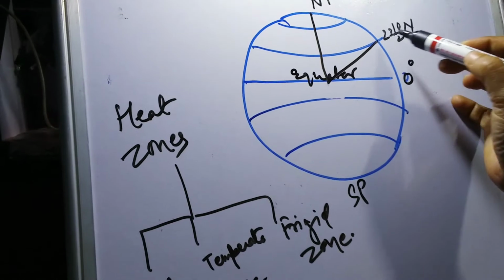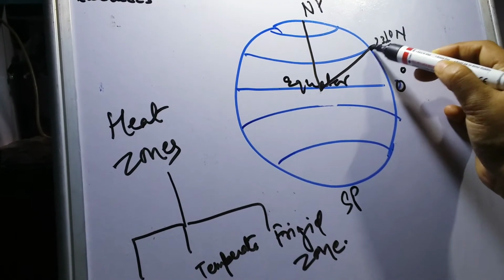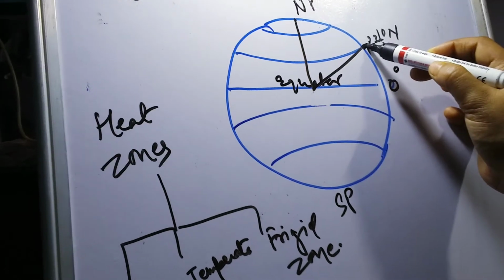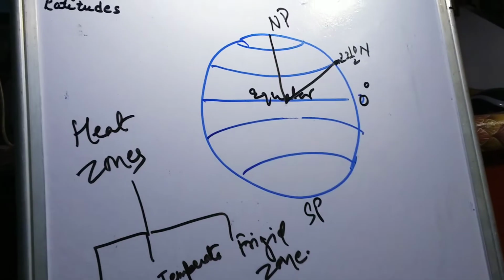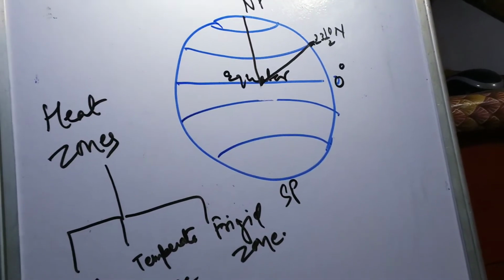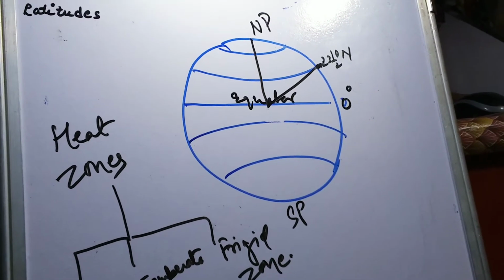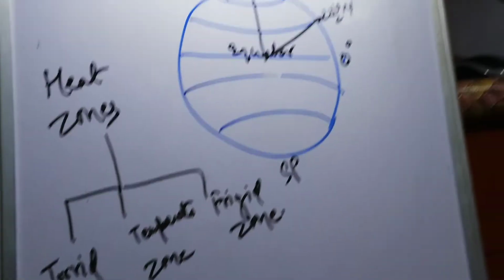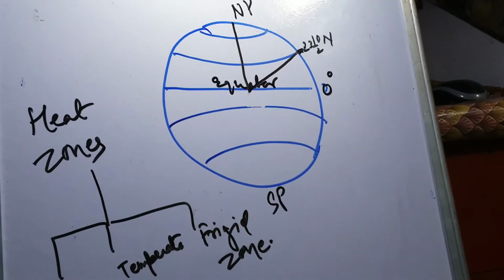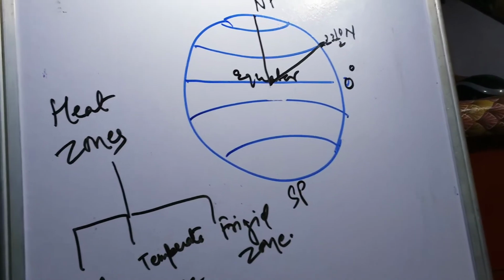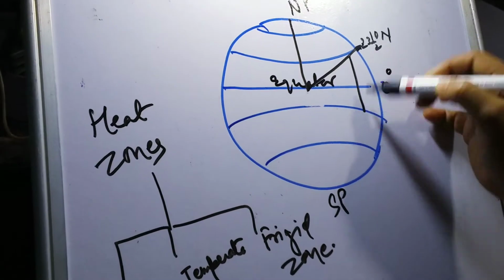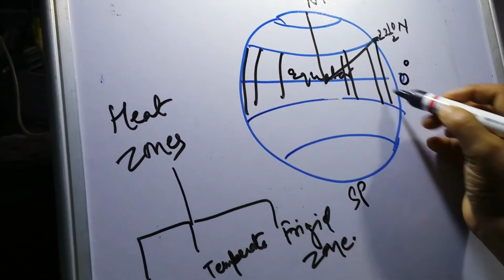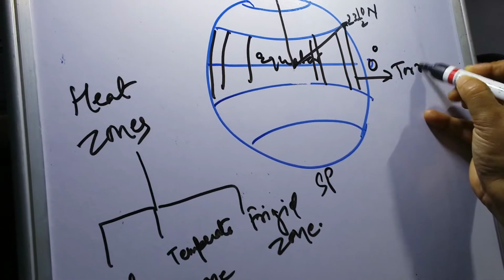So this 23.5 degree is which parallel of latitude? Tropic of Cancer. So which one will be your torrid zone? The torrid zone lies between Tropic of Cancer and Tropic of Capricorn. So this part is your torrid zone.